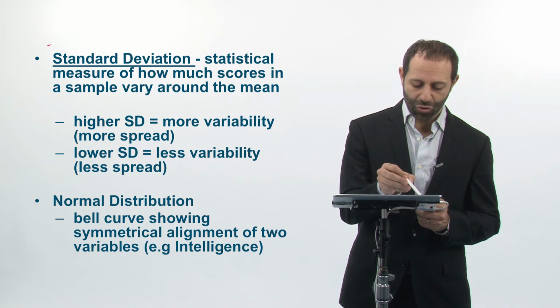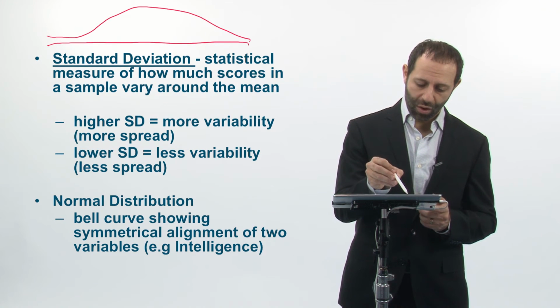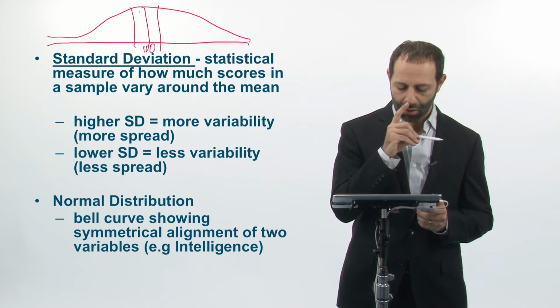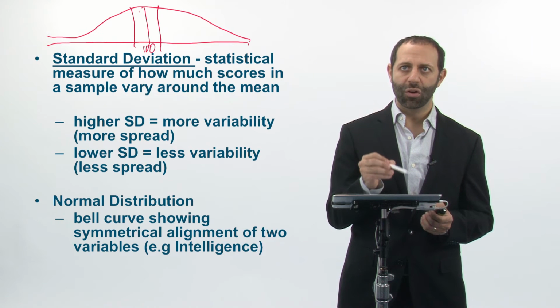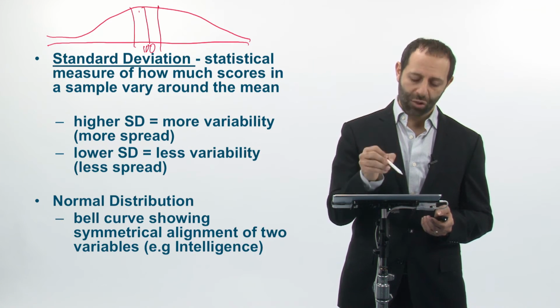So if I'm going to look at the average weight in a college population, this is going to be my distribution curve. Over here is going to be my average score. This is average right here in the middle. Let's say it's 100. Let's use intelligence to make it easy. So 100 would be my average or mean intelligence.